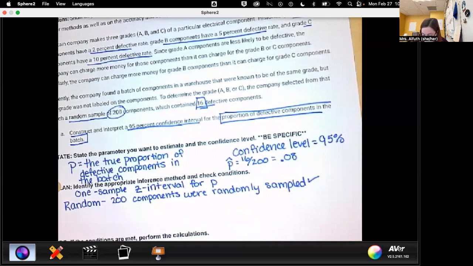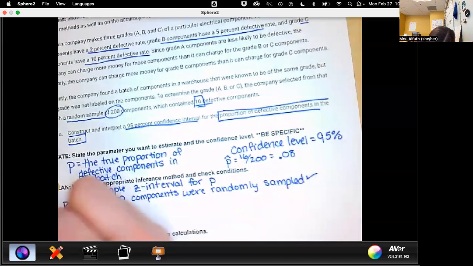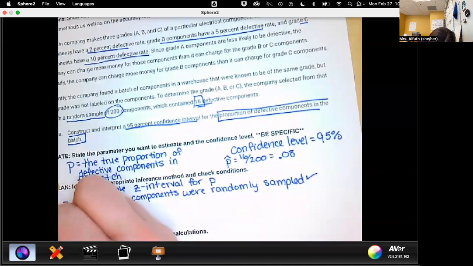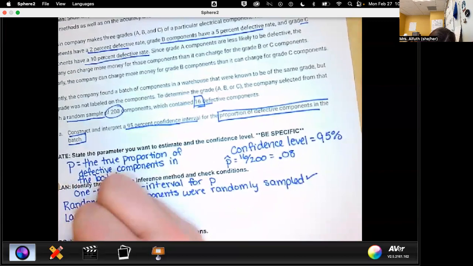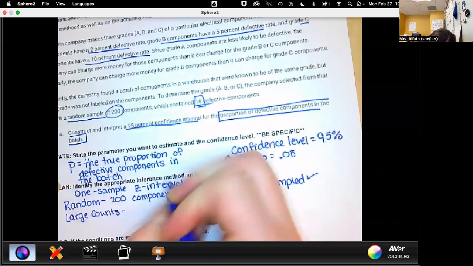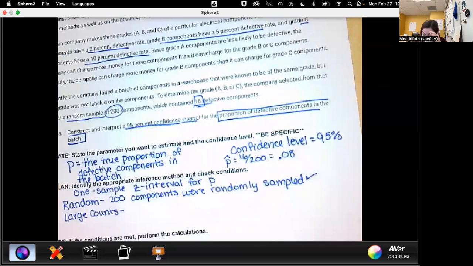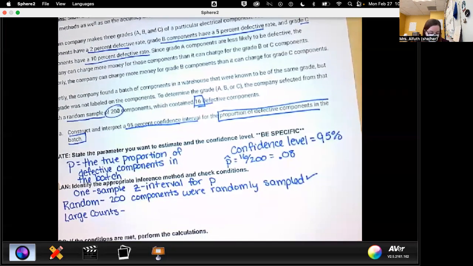And because this is a proportion, we want to take a look at our large counts condition, right? Because as long as we fit that large counts condition, then we can use the normal distribution and the calculations that we need in order to be able to construct our interval.